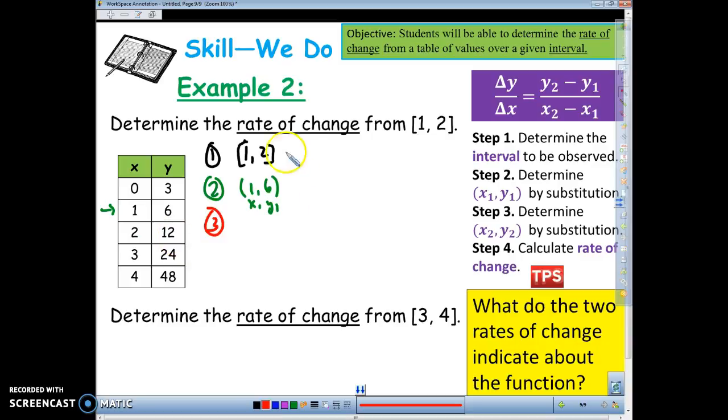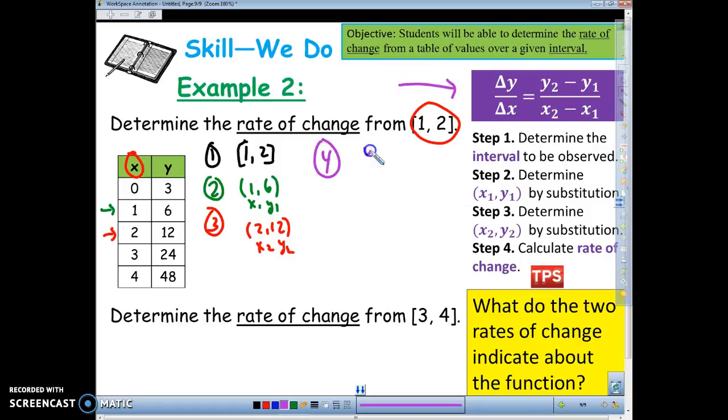Step 3, what's my ending point? Well, the interval ends at 2. So again, we're looking at x values, right? These guys are x values. So my ending point is (2, 12). That's x2, y2. And step 4, all we do is we plug in our formula.